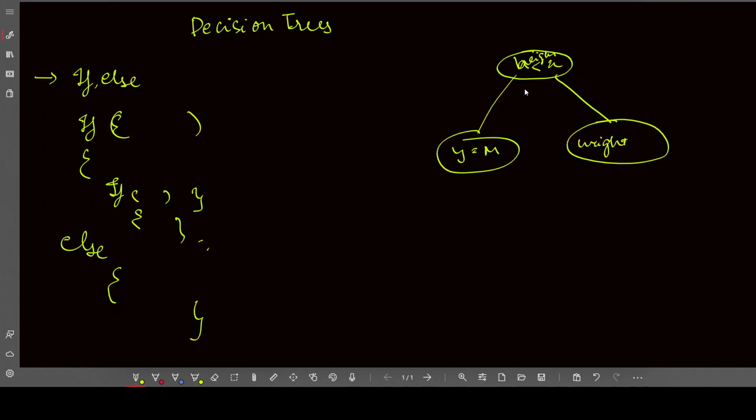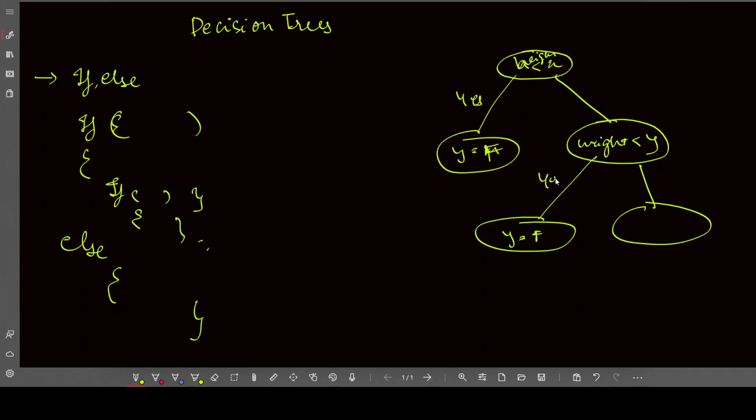So if I first check if height is less than x, and if that's the case, then y equals male or y equals female. Otherwise, if weight is less than y, then y equals female, and if that's a no, then y equals male. This is one way to look at how decision trees work.